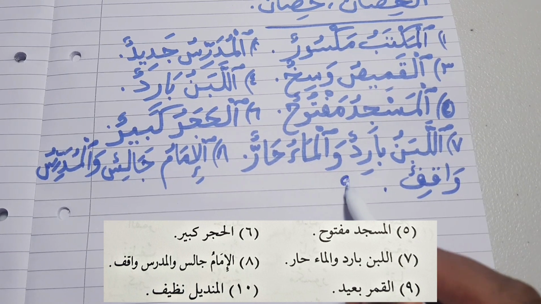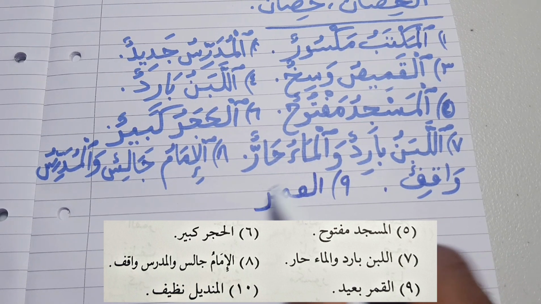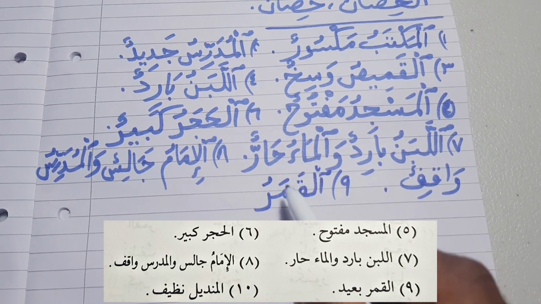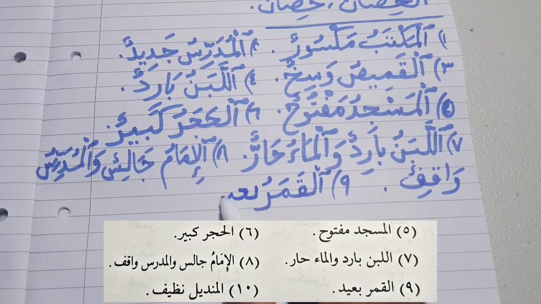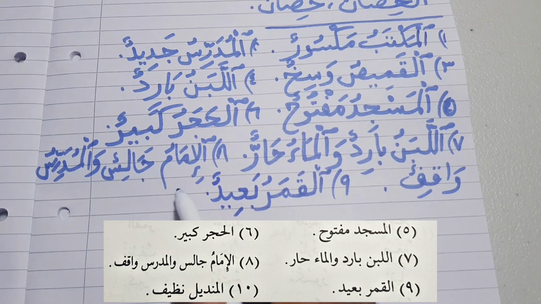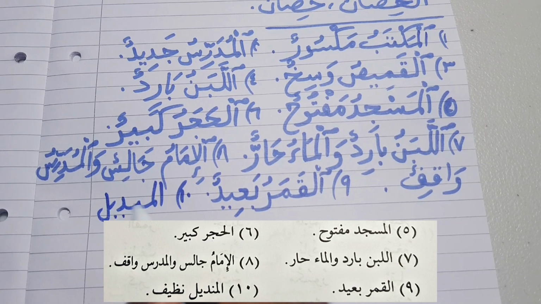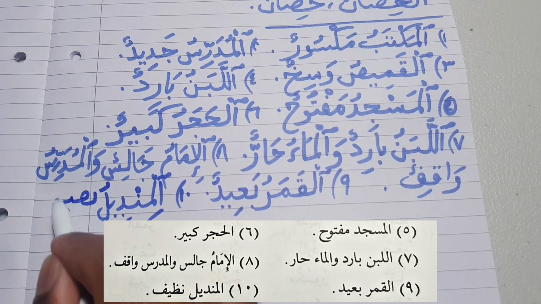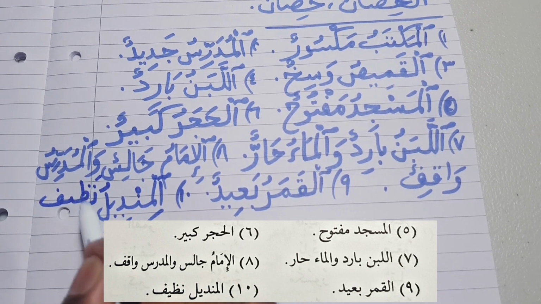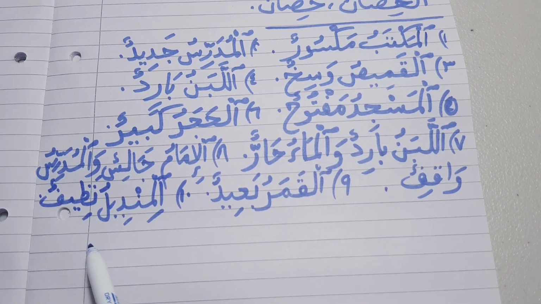Number 9. القمر بعيد. القمر, the moon, is بعيد, is far away. Number 10. المنديل نظيف. The handkerchief is clean. This was exercise number 2.